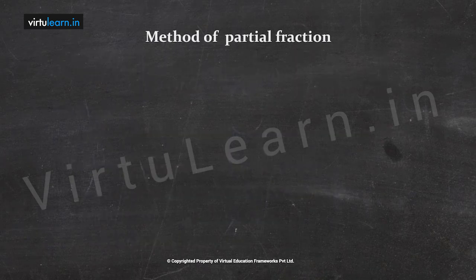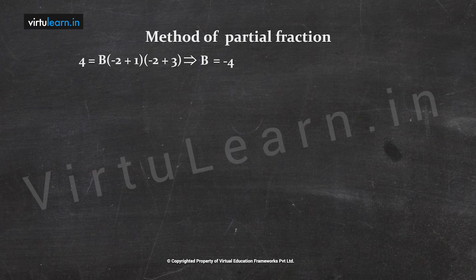Next, substituting minus 2, it becomes 4 equal to b into minus 2 plus 1 into minus 2 plus 3, the remaining two factors are zeros, that implies b equal to minus 4. And substituting s equal to minus 3, it becomes 9 equal to c into minus 3 plus 1 into minus 3 plus 2, the remaining factors are zeros, therefore c equal to 9 by 2.